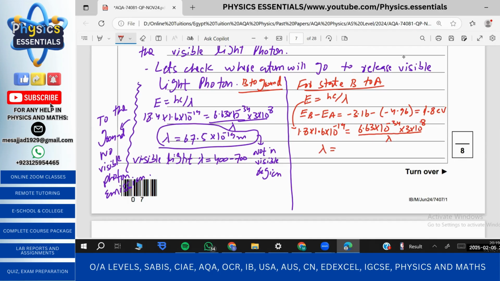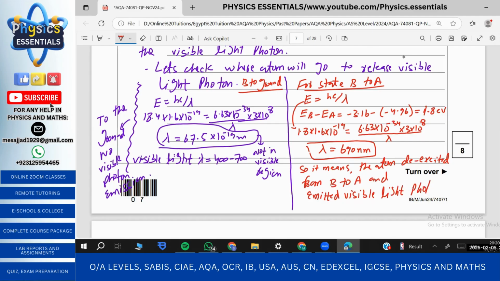So after doing the arrangements and calculation, I'm going to get 690 nanometers, which is exactly in the visible spectrum. So it means the atom de-excited from B to A and emitted a visible light photon. Okay.